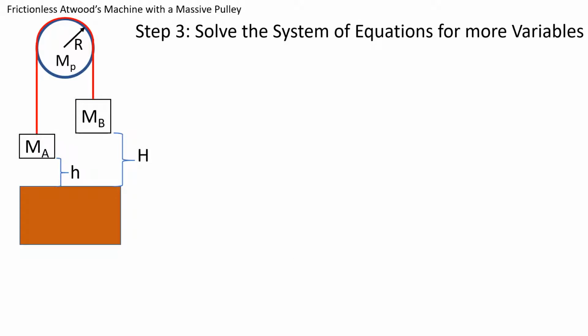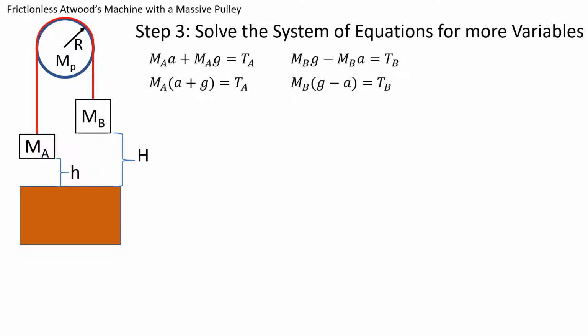So now we have our first set of answers to parts 1 and 2, but there's still more to solve for, so we need to go back to our two equations for the tensions and get those tensions to be able to solve the rest of the problem. So if we take the two equations that we've already solved for before, TA equals MA A plus MA G, and TB equals MB G minus MB A, we'll notice that the things that are unknown here are the tensions, and we already solved for the acceleration.